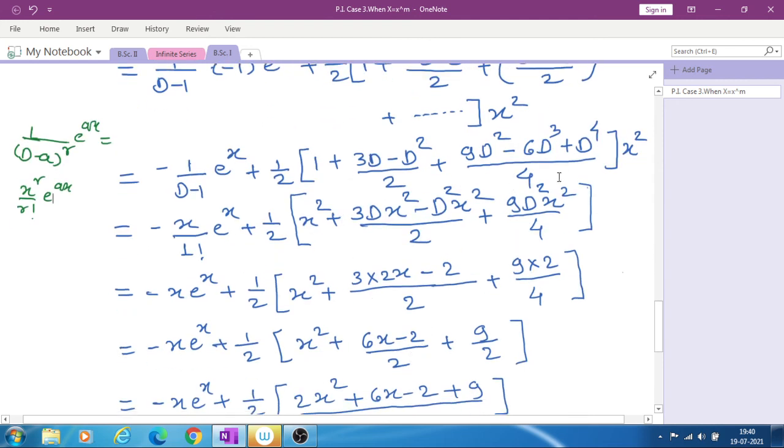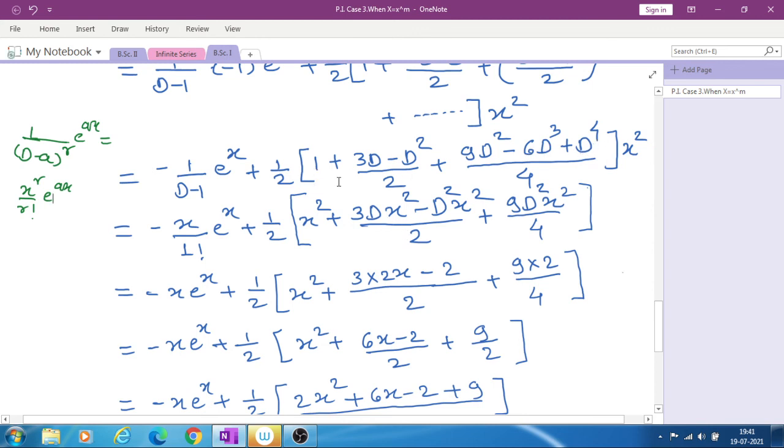Now we have to operate each term on this x square, and we know that the third derivative of x square will be 0, and the fourth derivative of x square will be 0. Therefore we need not write these two terms.